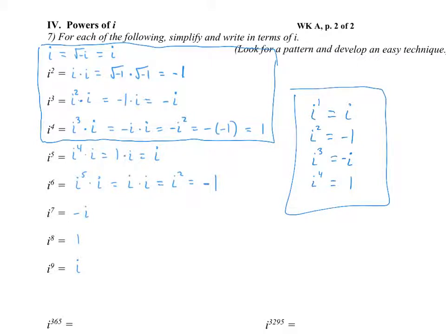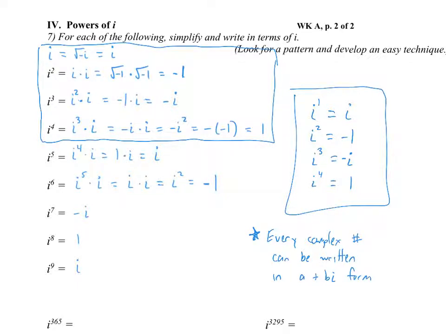Okay, and this is kind of important because every complex number can be written in a plus bi form. And notice that that bi has an exponent of 1.